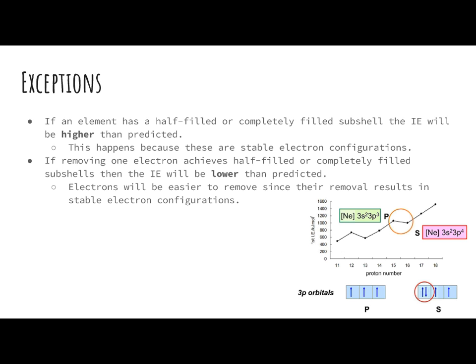Why is it easier to take sulfur's p electron than phosphorus's p electron? Because this one's half filled, so it's more stable, and this one has an extra, well, this one's filled completely. So the extra repulsion that sulfur's shell fills, right there they have circled, leaves it a little bit inherently unstable.